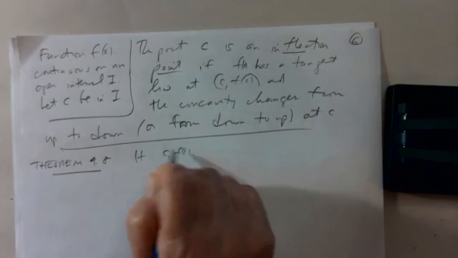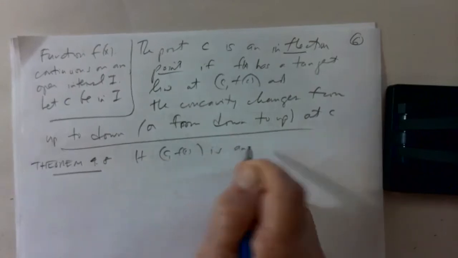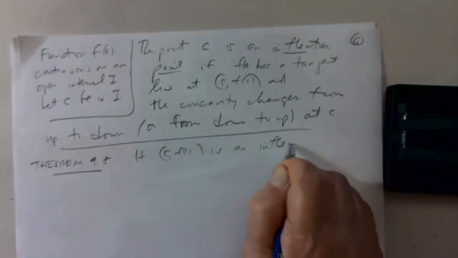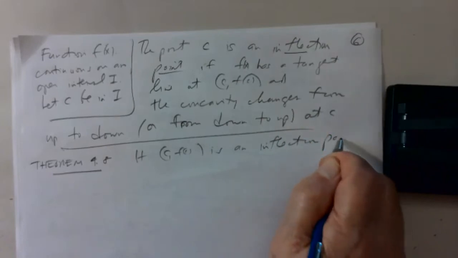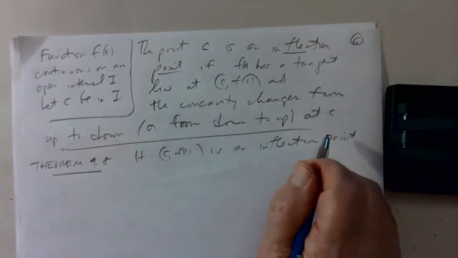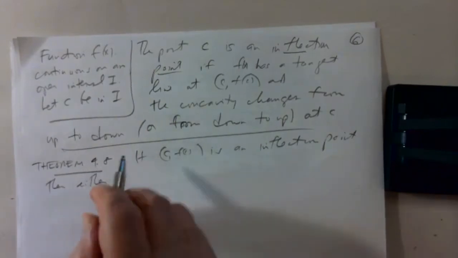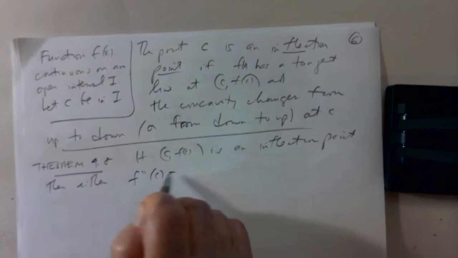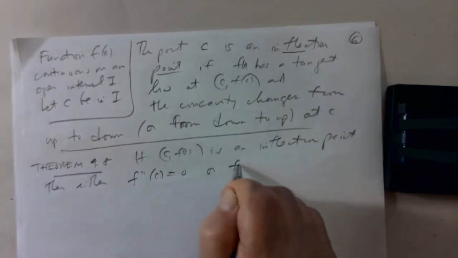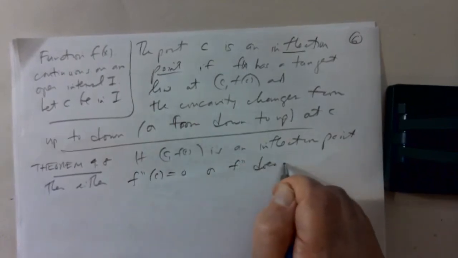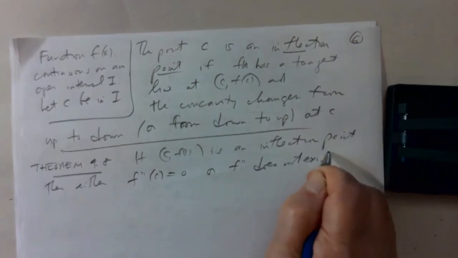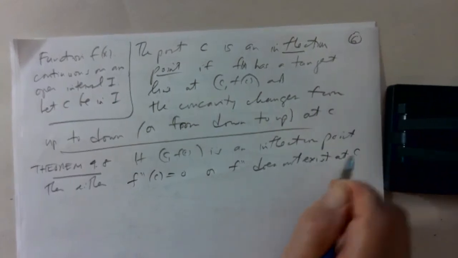If (c, f(c)) is an inflection point, then either the second derivative at c equals 0, or the second derivative does not exist at the point c.